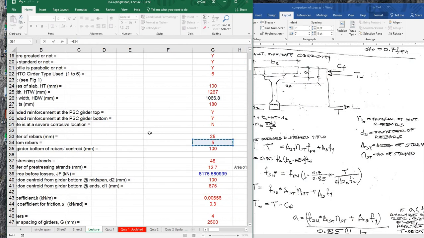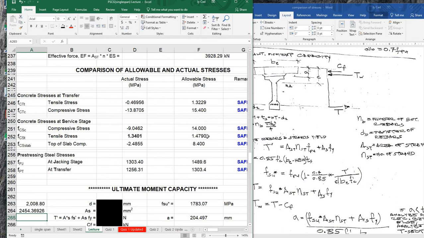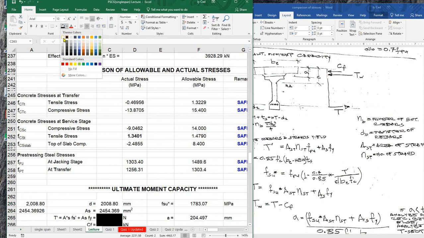So, 5 pieces times pi times d square divided by 4. So, meron na tayo AS. Yan, i-cover ko lang yan. Check kung tama. Okay. So, correct.